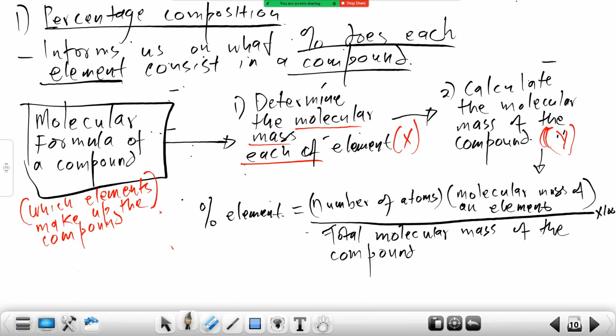If they do not add up to 100, it means somewhere there's a mistake that I made. So the best way of ensuring that everything is done the right way is by ensuring that the sum of each percentage you got from calculating each element must equal 100. If not, then something is wrong.